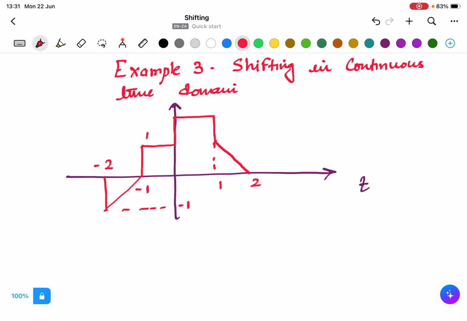Minus 1. So this is x of t given to you, and you have to do two operations of shifting on it.